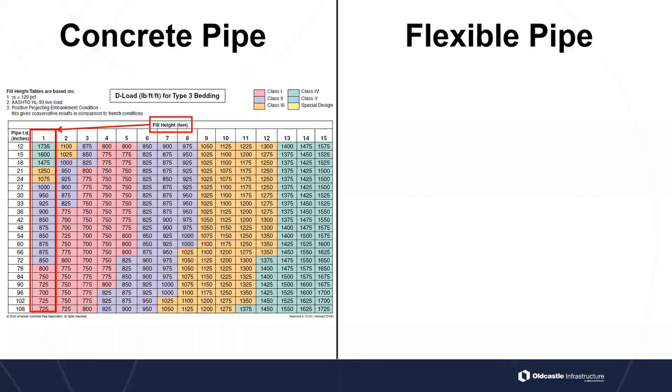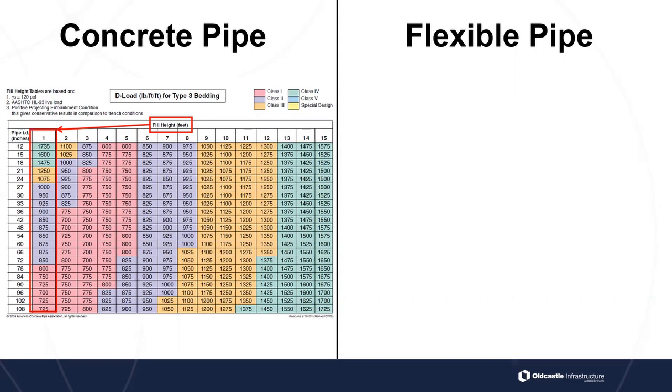Okay, so for concrete pipe, if you remember, if we're going to talk about cover requirements, we went to the fill height tables and we looked at what class of pipe we need, I guess I should say, for the different classes of pipe for different types of bedding. This is the type 3 installation. So for that, if we go with 1 foot of minimum cover, we need a class 4.